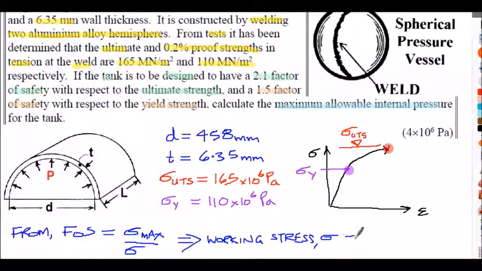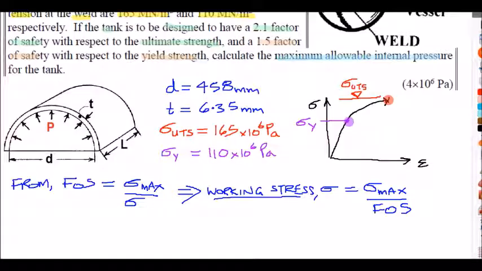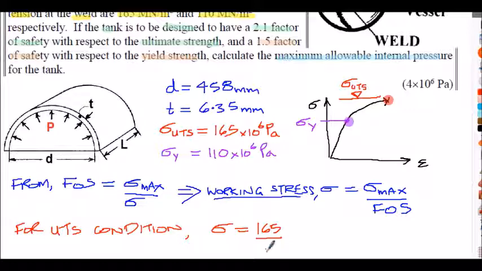That's going to be the maximum allowable stress divided by the FOS. This is the ultimate first. So for the UTS condition, our working stress would equal the maximum allowable stress, which would be the 165, divided by the factor of safety they've given us, 2.1.